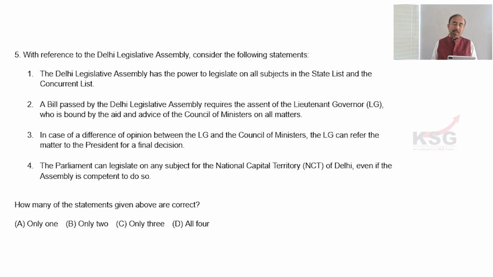That's what is written in this article. Then statement number four, yes, Parliament can make law on all matters of NCT, and that's what is provided under this article. So statement three is correct, statement four is correct. The answer would be only two. B is the right answer.